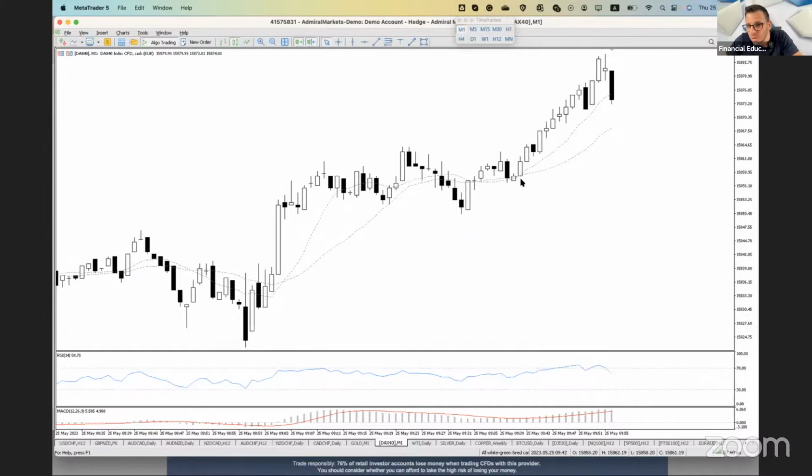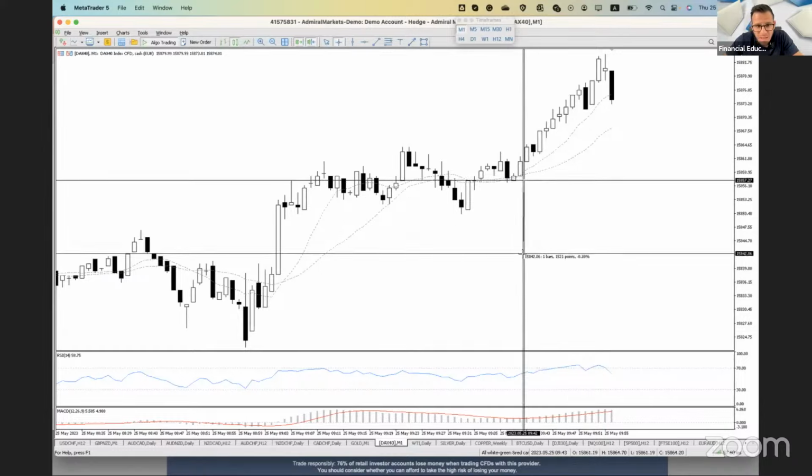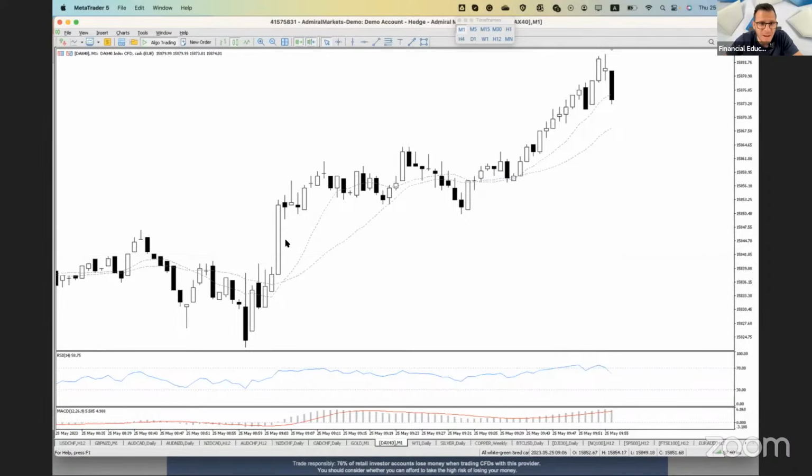Now, if this order gets filled, traders, the room of opportunity is somewhere in the middle of this impulse candle. This one here, somewhere in the middle, it's the heaviest amount of volume.